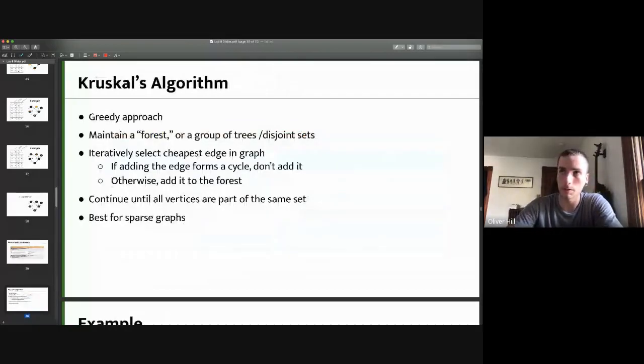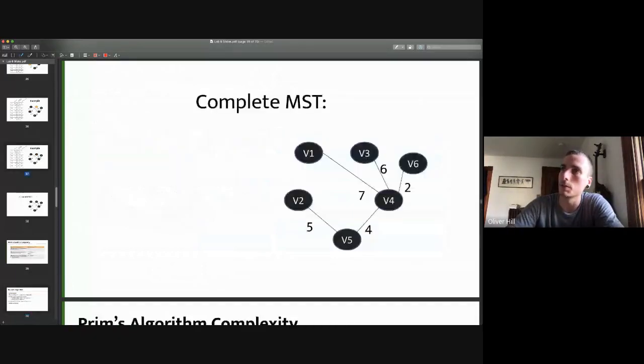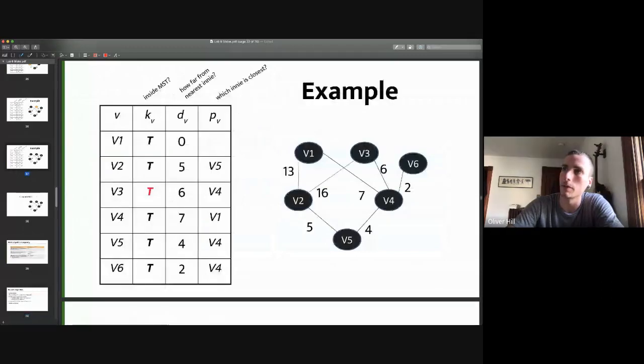Okay, Kruskal's algorithm, also a greedy approach. Are we supposed to leave P of V blank for V1? So the question is, is the parent of the original node supposed to be blank? Yeah, you could set it to some placeholder value, like -1.